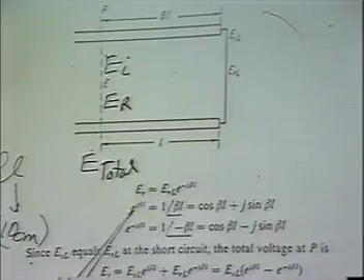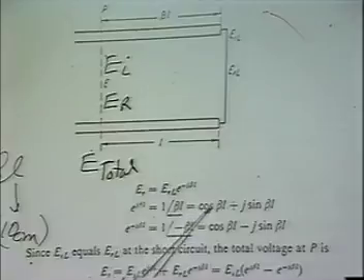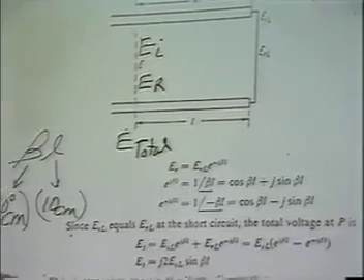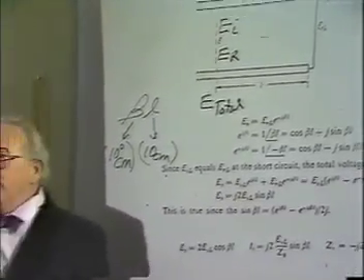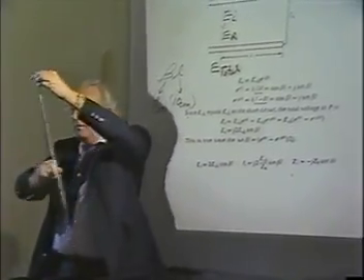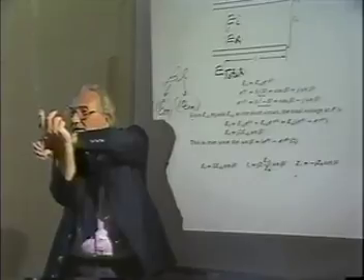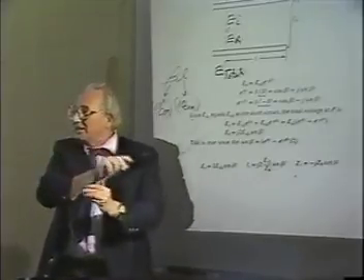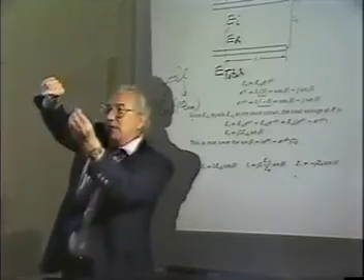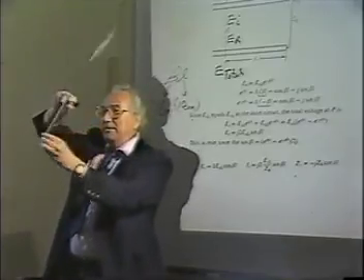Because, notice, e to the j beta L is the cosine plus the sine, j sine. Remember what type of thing that, if you have the cosine function plus j sine function, what does that represent? It represents a rotating vector, doesn't it? A rotating vector like this. See how that's going to fit in nicely with that chart we just drew? Because what do we have? We have a rotating vector, right?